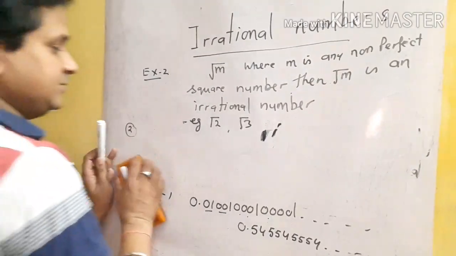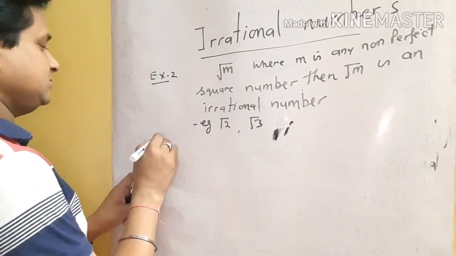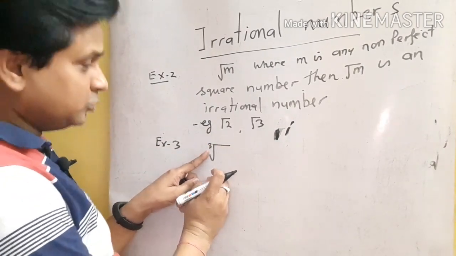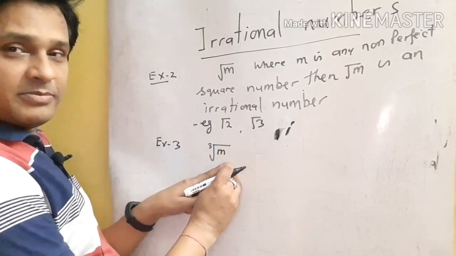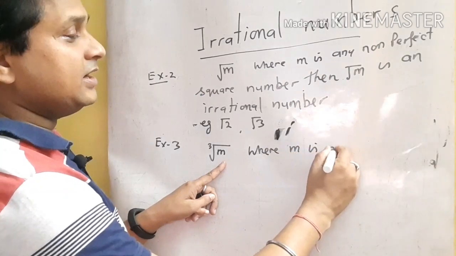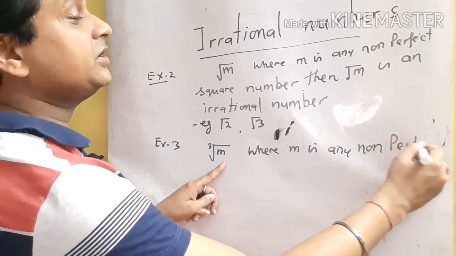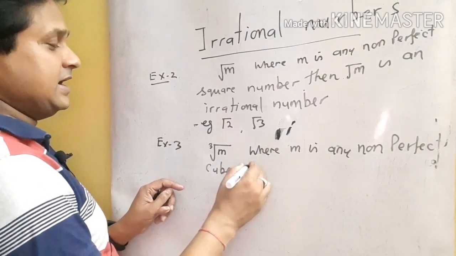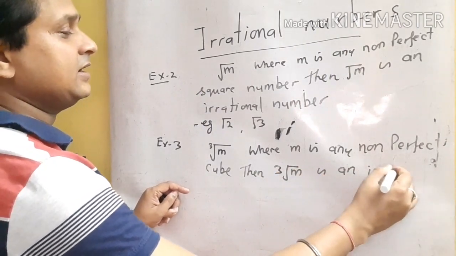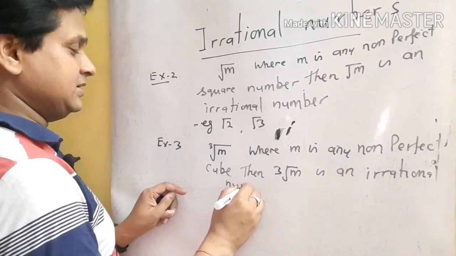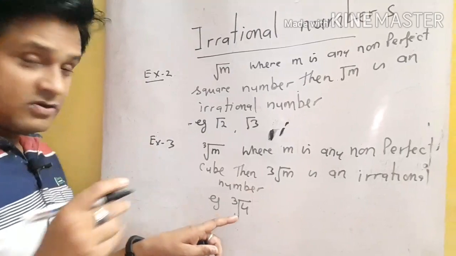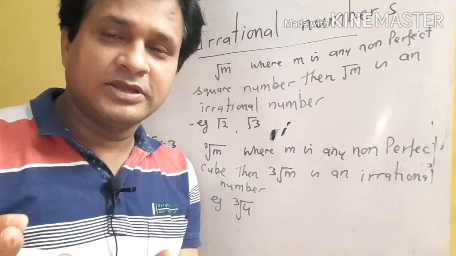Now example number 3. If there is a cube root and under it there is a number m, where m is any non-perfect cube, then the cube root of m is an irrational number. For example, take the cube root of 4. 4 is a perfect square, but not a perfect cube.